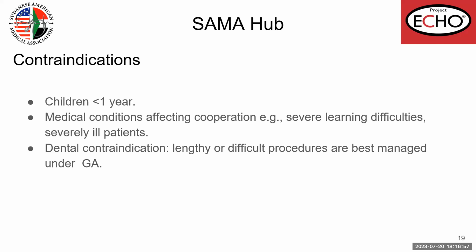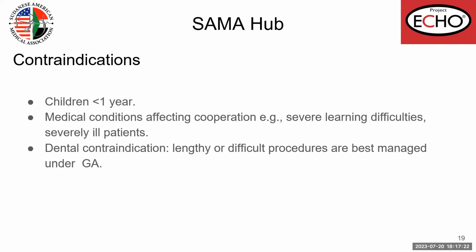If I have a lengthy procedure or a very difficult procedure, it's better to be managed under general anesthesia. And why am I saying this? Because one of the major differences between general anesthesia and sedation is that in sedation, the airway is not protected, okay? And there is no throat pack, and the patient is not intubated.